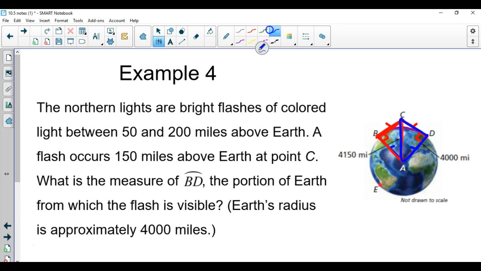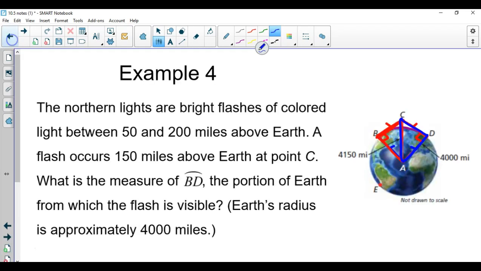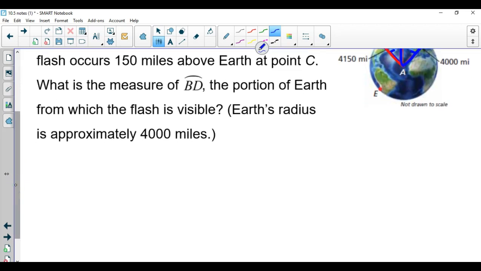So, if we know the distance here is 150 miles above the Earth, sorry, the board's off a little bit. Now we would take that concept and go a little bit further, but I'm going to just stop there and use the concept of congruent triangles to do it with something we already know how to do, and that's using trigonometry.